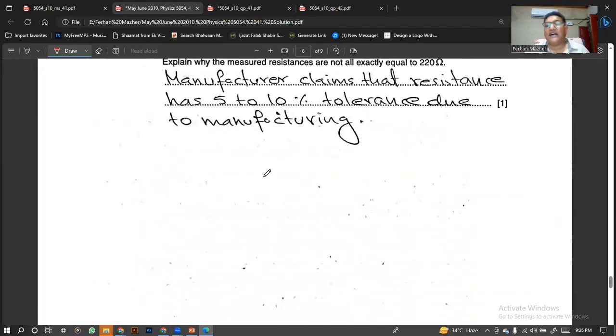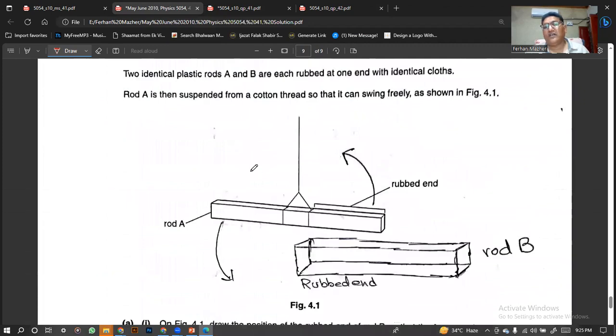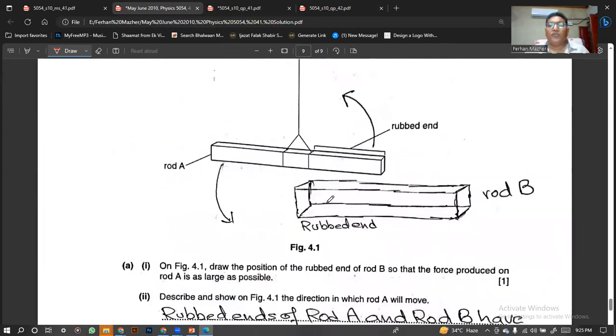If you want the force of attraction or repulsion between them to be maximum, then the maximum surface area of both the ends where they are charged should be facing each other. So here you can see I have made this. This end of the rod B has been charged, this end of the rod A has been charged. So place the rod B like this. Now they have the maximum surface area facing each other.